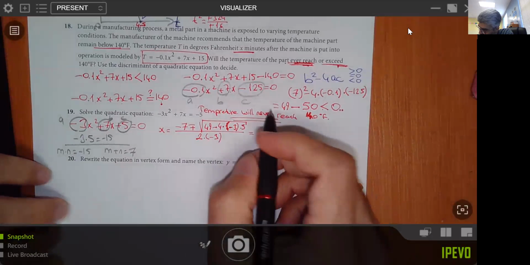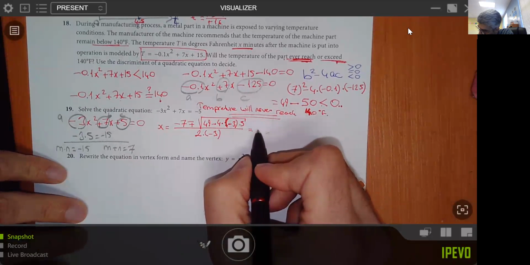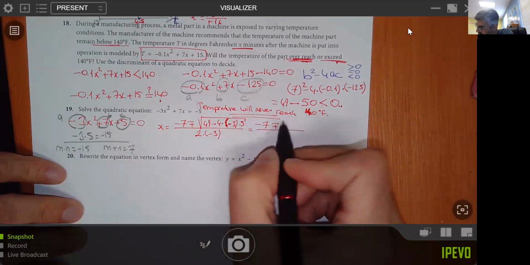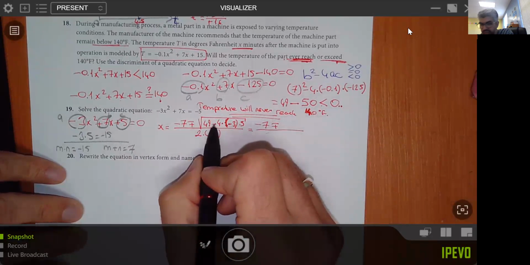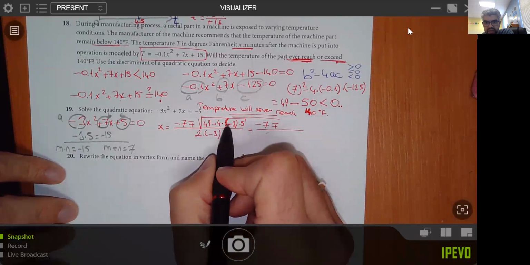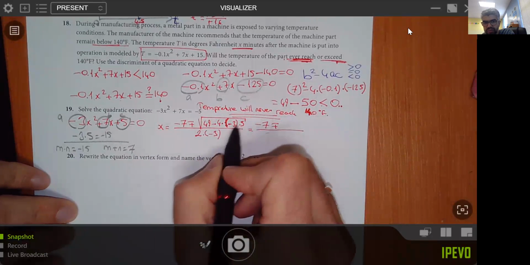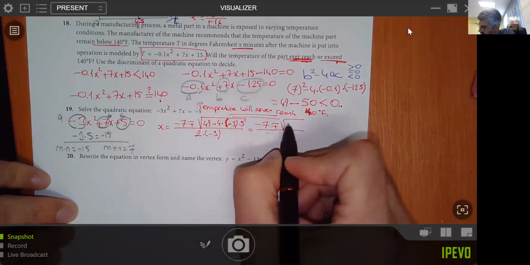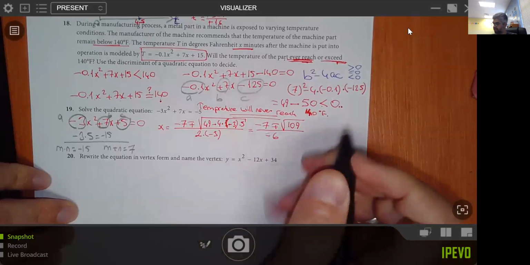And what do we have here? We have negative 7 plus or minus 4 times 3 times 5. First of all, this minus times minus is positive, right, guys? So I will add 49 and 60. 4 times 3 times 5. 60 plus 49 is 109, and I have negative 6 here.